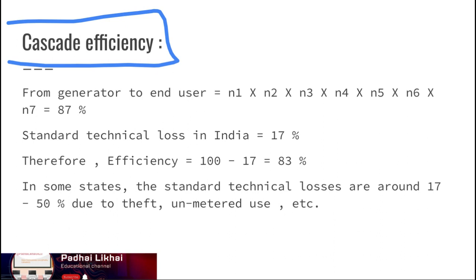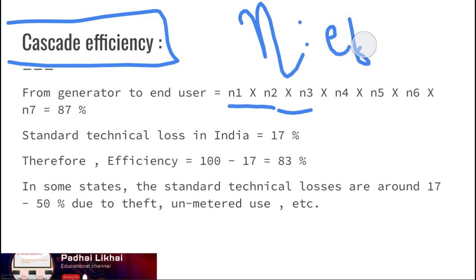Let eta represent efficiency. So eta 1, eta 2, eta 3, up to eta 8 are the efficiencies of intermediate stages in power generation, transmission, distribution and consumption.